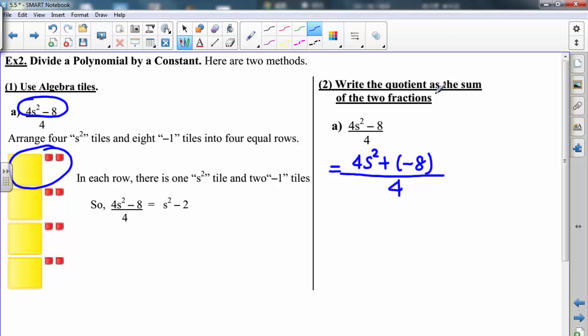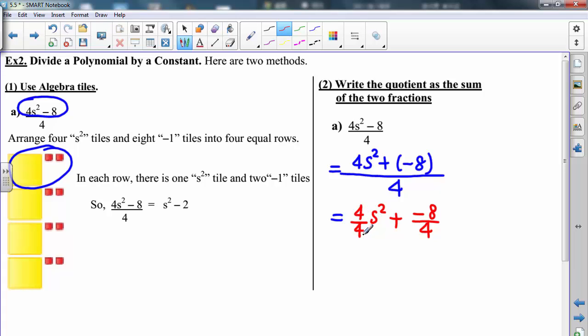So I write this quotient as the sum of 2 fractions. I change this entire fraction into the sum of 2 fractions. It's 4s squared divided by 4, so it's 4 divided by 4, and this 4 has s squared, let's keep it. Then plus negative 8 divided by 4.